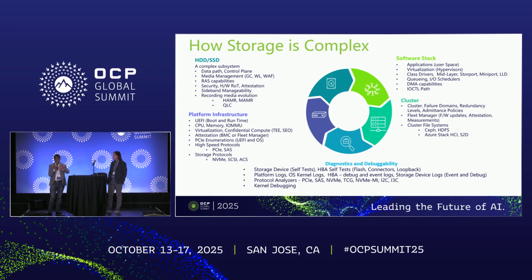Then you get into the software side, and there are two broad categories. One is just host software, right? You have the operating system or a hypervisor, then you have virtual machines and containers, and in the operating system, you have multiple layers of your driver stack and the IO scheduler.